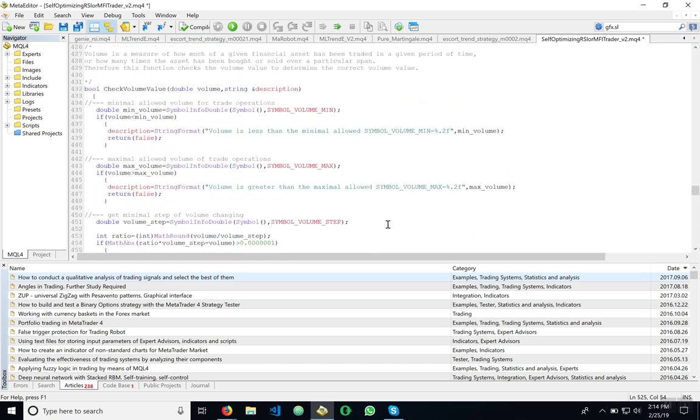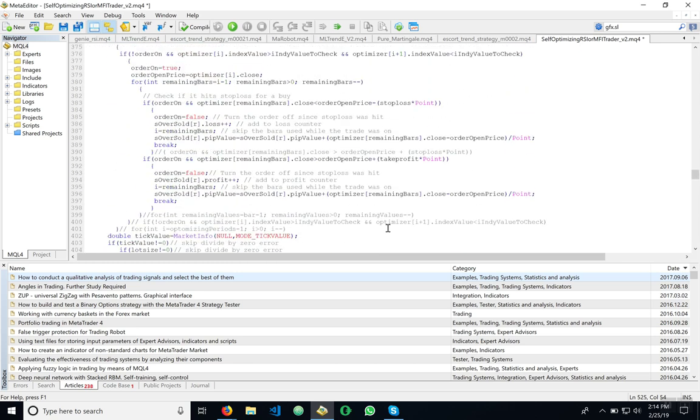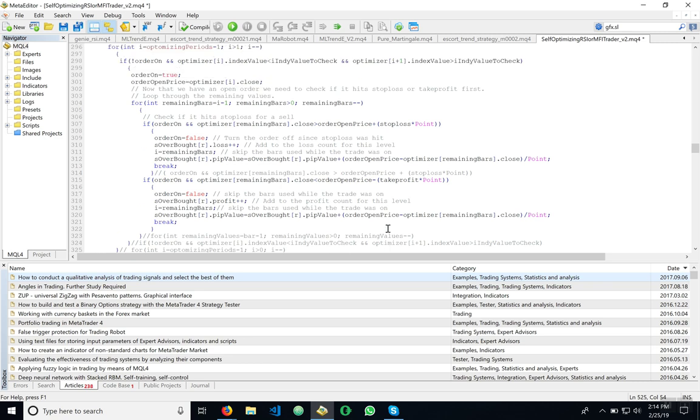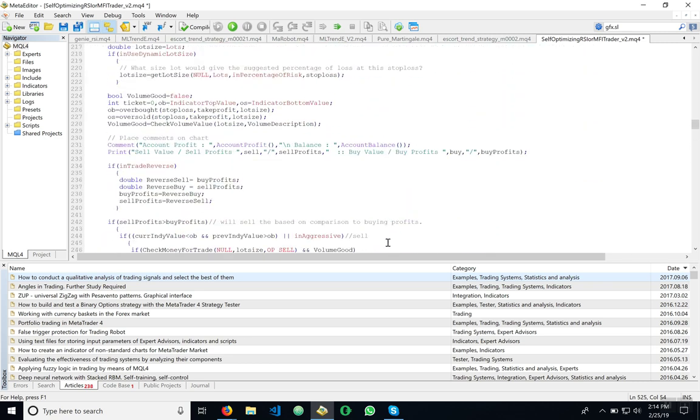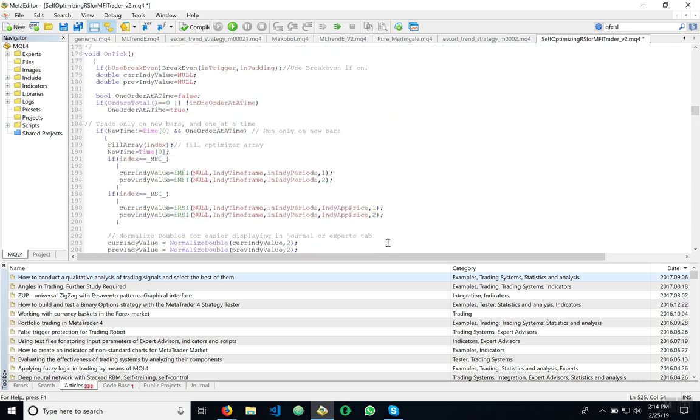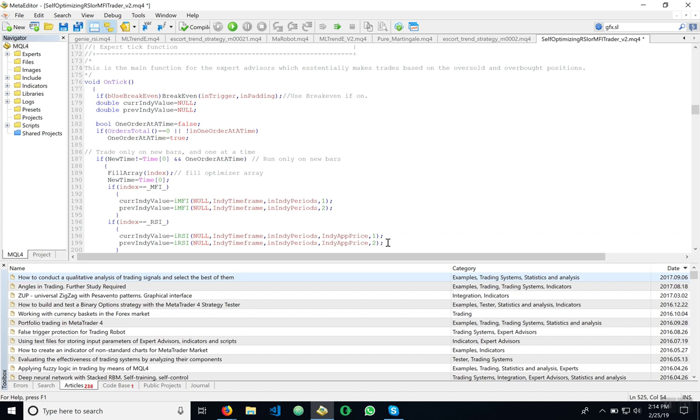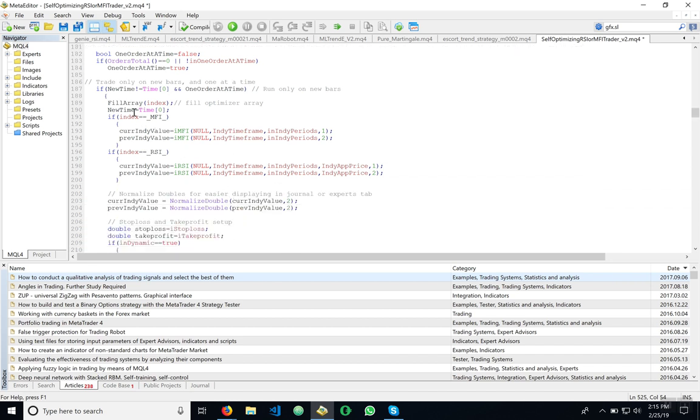Now let us look at the main function, the onTick function, which basically pulls all those functions together, the check value, overbought, oversold, as it is running on a particular period or time frame. First, as we can see, it fills the array with the optimization values here that we spoke about earlier.